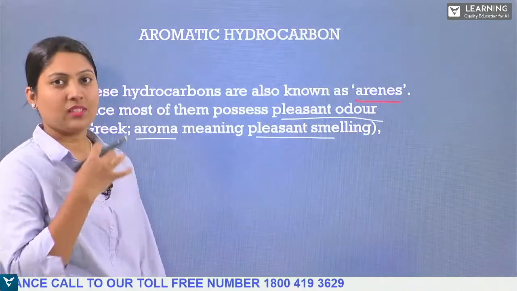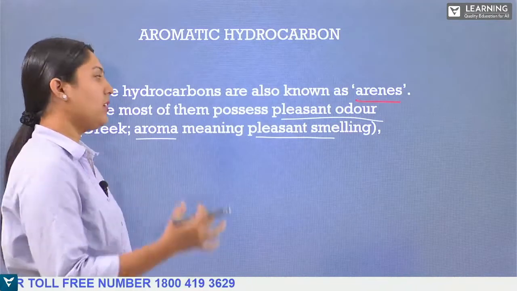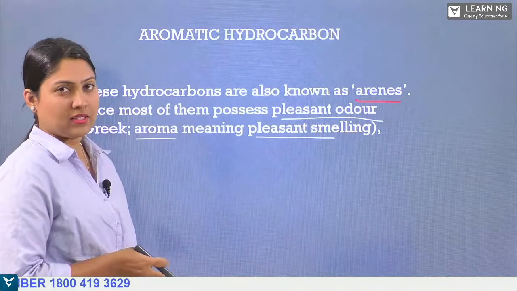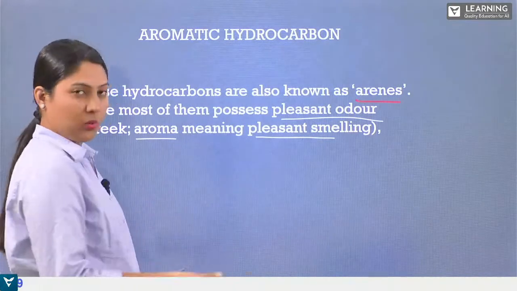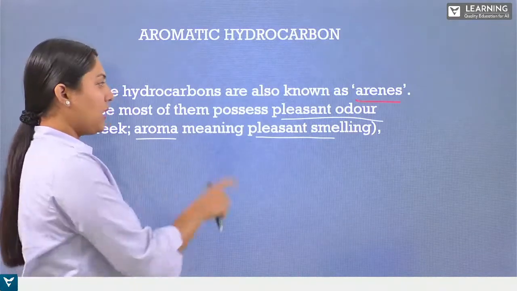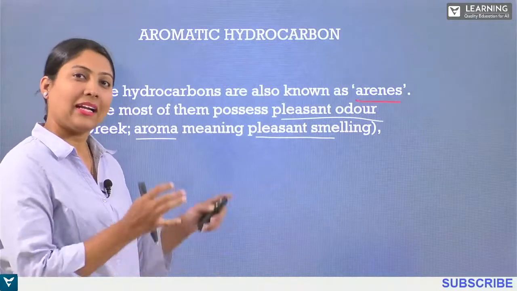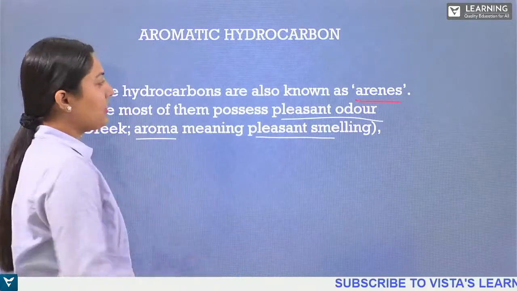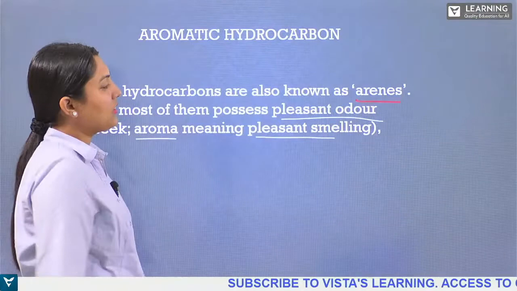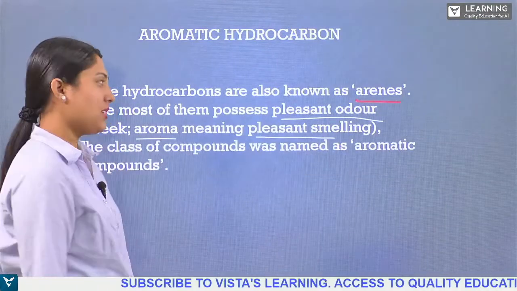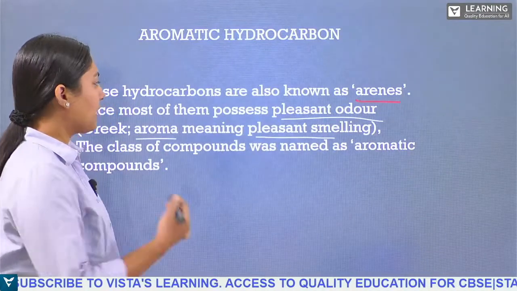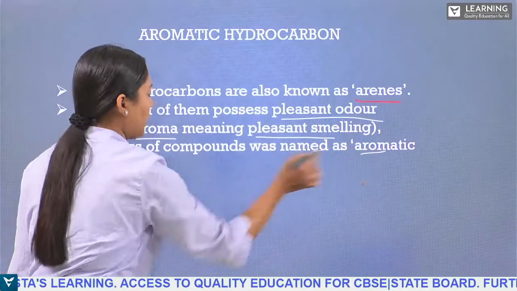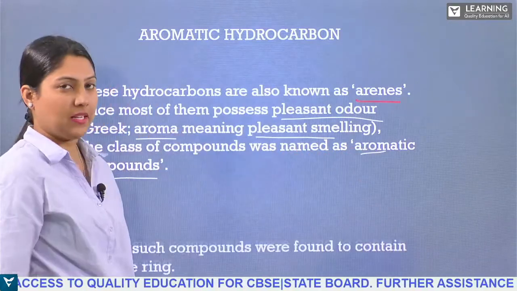But nowadays, not every derivative of benzene or the aromatic compounds has a pleasant smell. At the initial stage, the primary members had this pleasant smell and hence the class got the name aromatic compounds because of that smell.